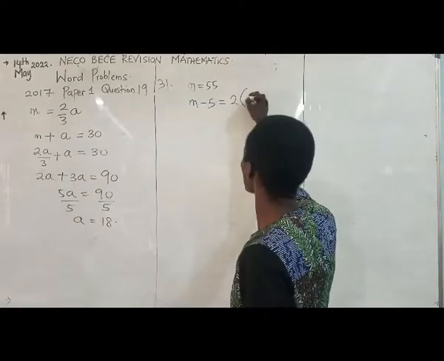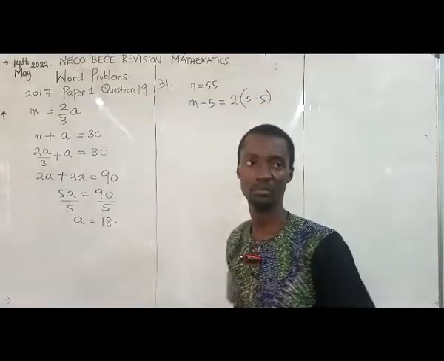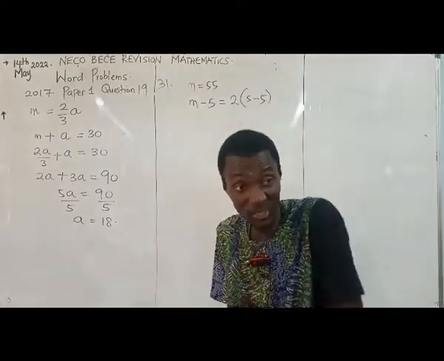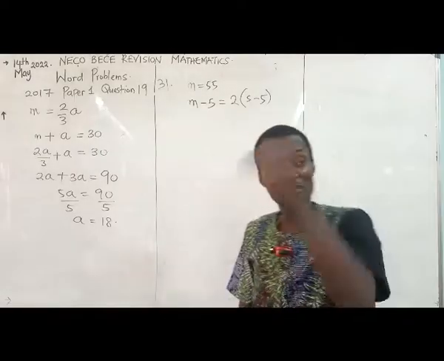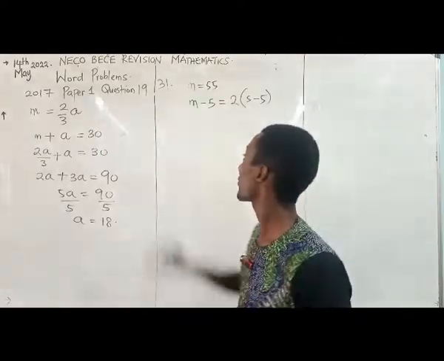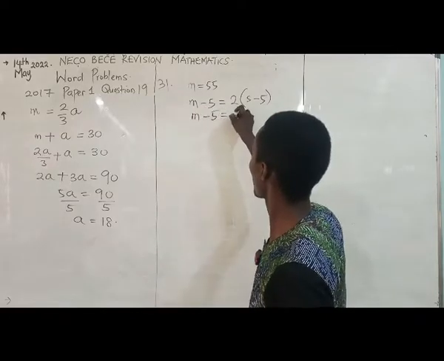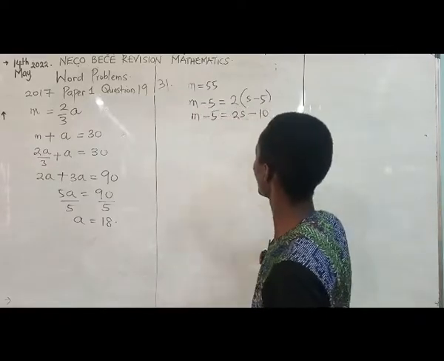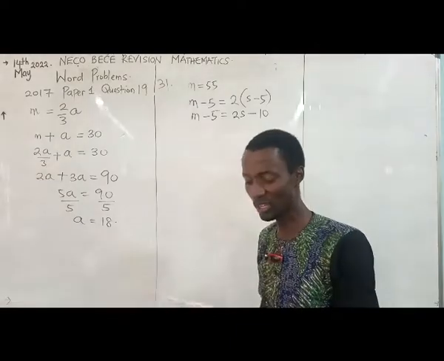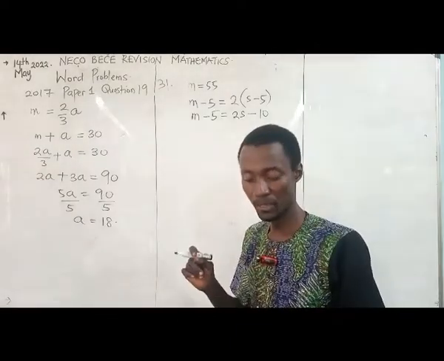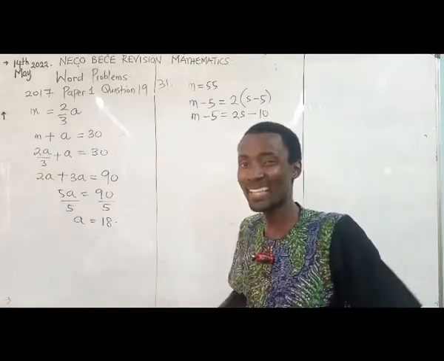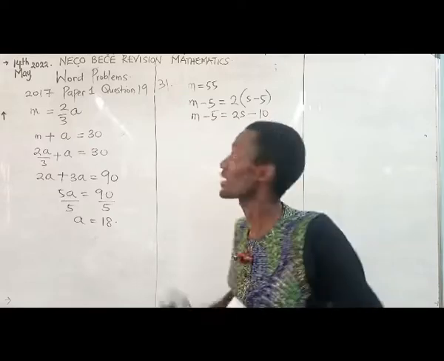What was his son's age 5 years ago? It will be the son's age minus 5. You're not talking of the son's age now, you're talking of the son's age 5 years ago. So with that, you're going to have that M minus 5 is equal to 2S minus 10. The next question is, how old is the son presently? Now let me give you one trick.